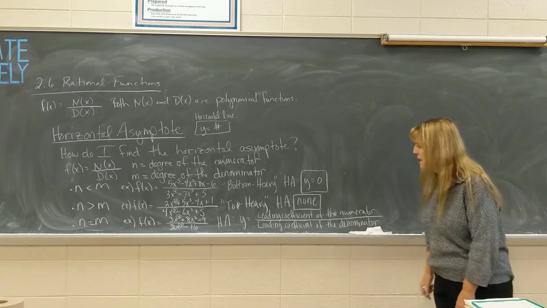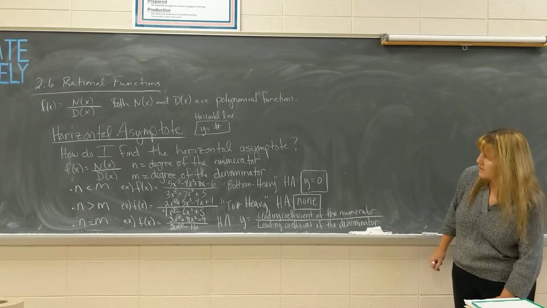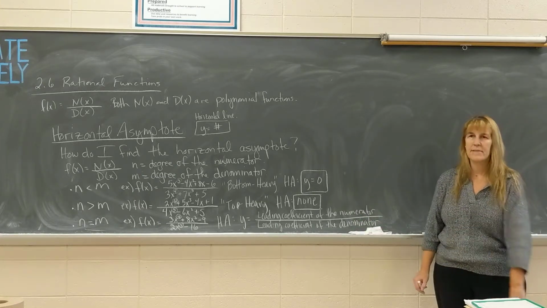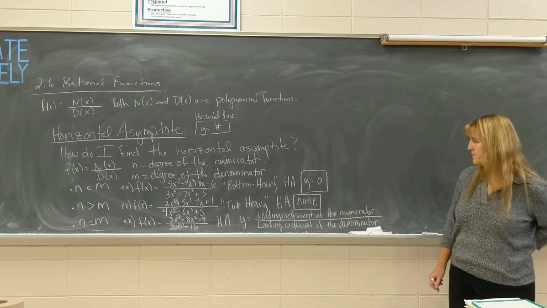Which would have been really nice if I could just write n of x and d of x, but I write out the word numerator and denominator all the time, just so that you don't get confused on what's what.